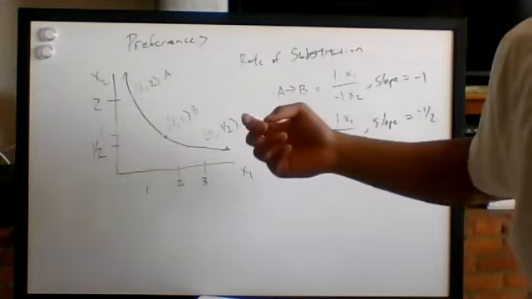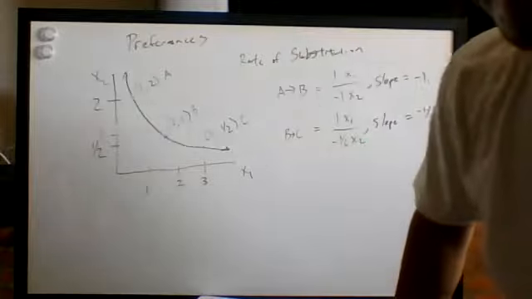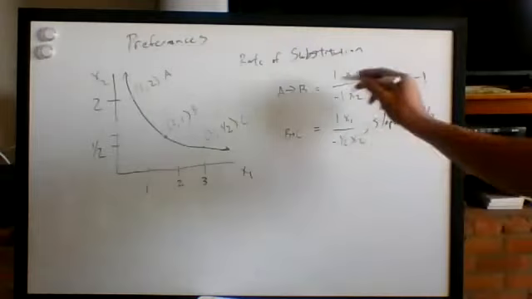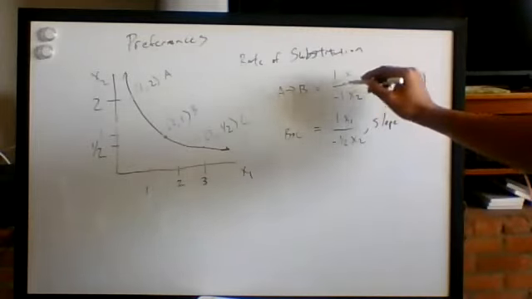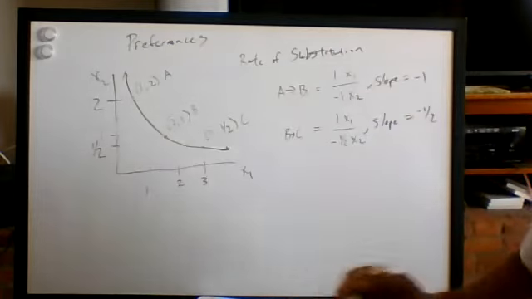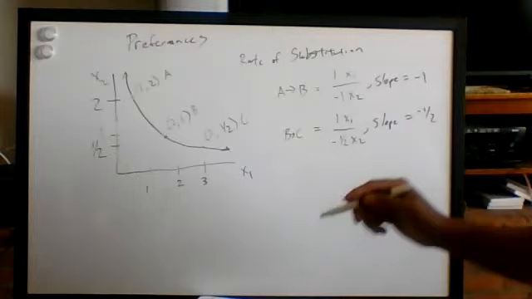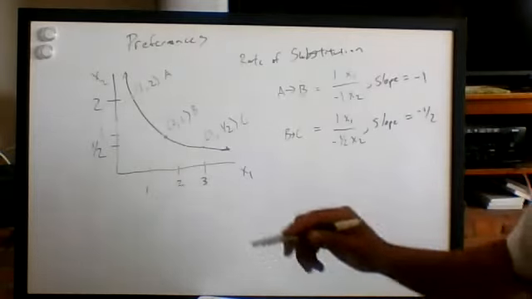This right here is not an expression of slope. This is just an expression of the ratio that you had to give up. So I guess it was a little bit misleading. Hopefully that makes sense.